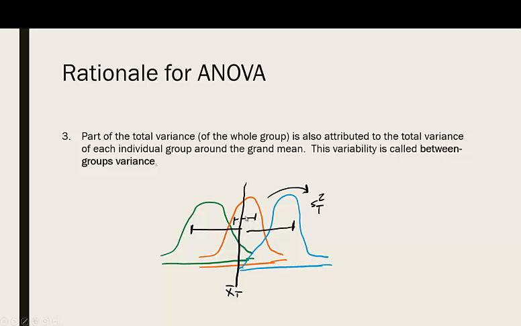So this is just showing how the individual scores within the groups relate to the grand total. Okay, and this we call between group variance. So within group, we're talking about the variance within the individual groups. Between the groups, we're talking about the variance of the groups compared to the grand mean. Okay, and again, we'll come back and we'll talk about those terms and we'll use them quite a bit.